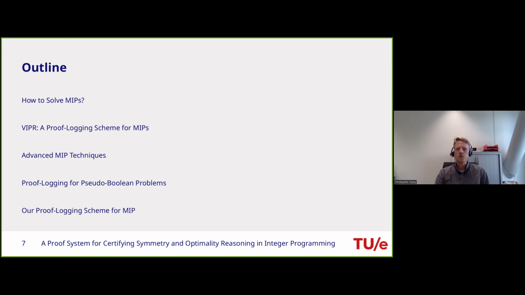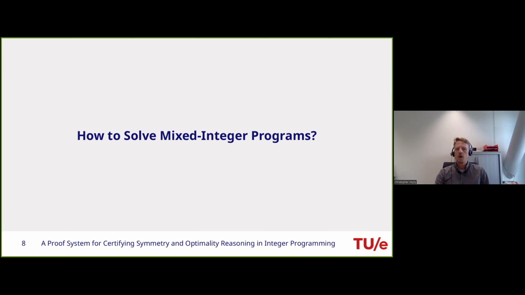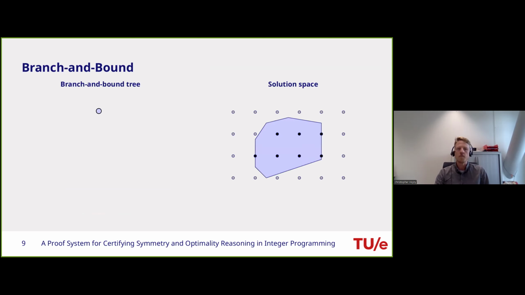And let's start with the high-level ideas of how we actually solve mixed integer programs. The basic idea is that we rely on a tool called linear programming, which means we ignore all the integrality requirements and we solve our integer program as if there were no integer variables at all.